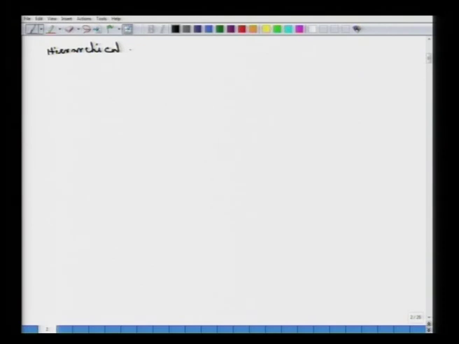Hierarchical cluster analysis. Now, let me give some basic points.